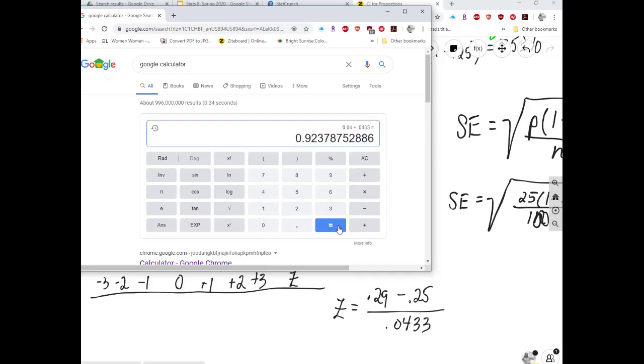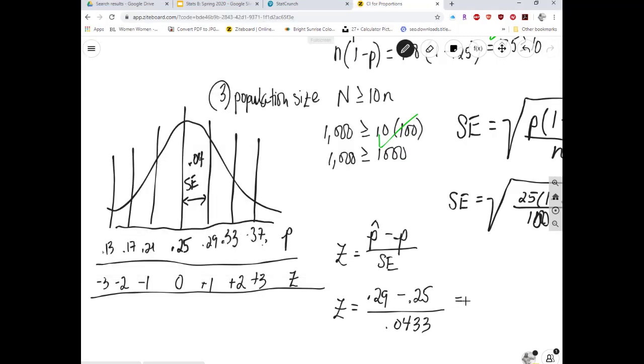Hit enter, and I get a z-score of approximately positive 0.92. Which makes sense, right? Because this is +1, and this is just a little bit off of that. So I've got a z-score that makes sense. It's right around here, just before the +1.